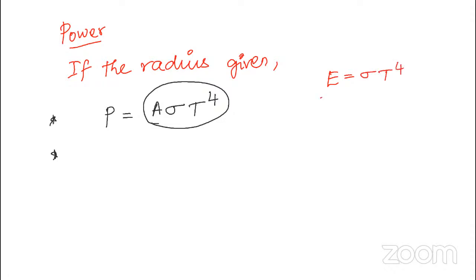Stefan's law formula கொடுத்துட்டு பவரோட வேல்யூ கால்குலேட் பண்ணுங்க அப்படின்னு சொல்லி கேட்டாங்கன்னா, சப்போஸ் ரேடியஸும் கொடுத்துட்டு பவரோட வேல்யூஸ் கால்குலேட் பண்ண சொன்னாங்கன்னா, we are using this formula.